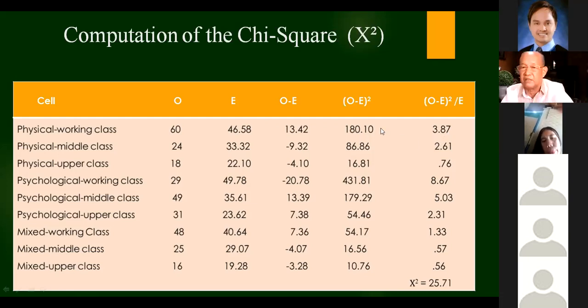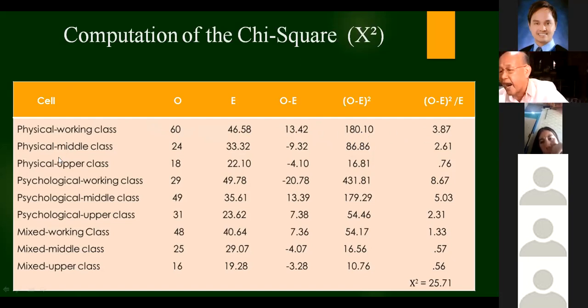I like to repeat that. 60 minus 46.58 is equal to 13.42. Square equals 180.10. Divide this value by 46.58, you will get 3.87.